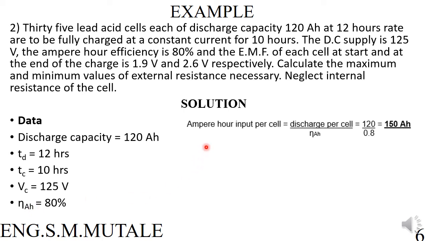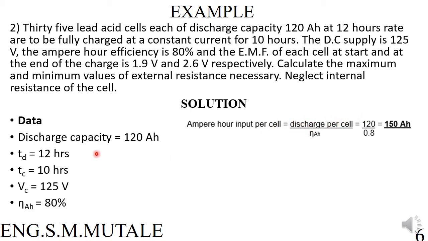So ampere hour input, it comes from the efficiency. We know that efficiency in ampere hours is simply the product of current during discharge times time during discharge divided by current during charge times time during charge. So here we have the discharge capacity of a cell.